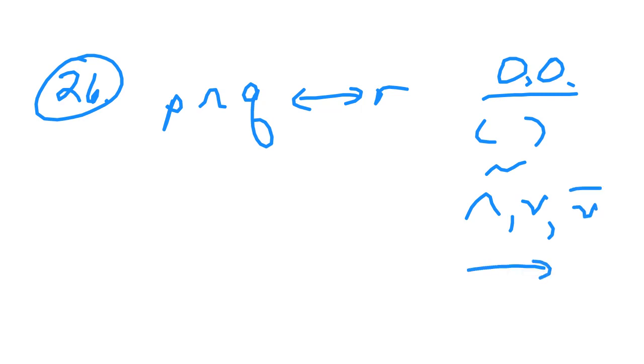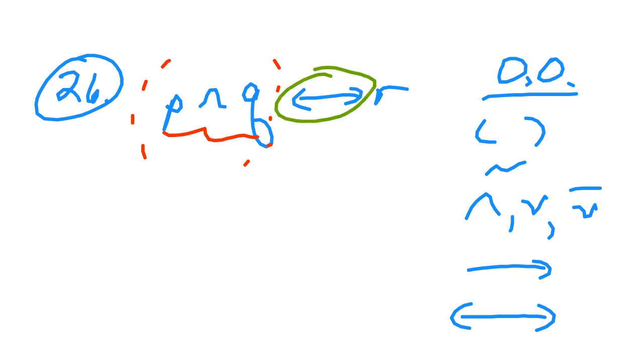Then we're going to do a conditional, and then a biconditional. So if I was going to consider this, how would I do this first? Well, I would have to do the P and Q first, right? I would have to evaluate those truth values, and then after that, I would evaluate the biconditional. So the answer to this is that the biconditional is the most dominant connective.